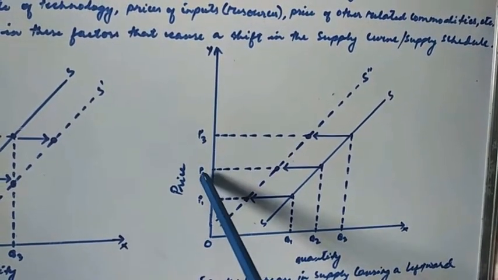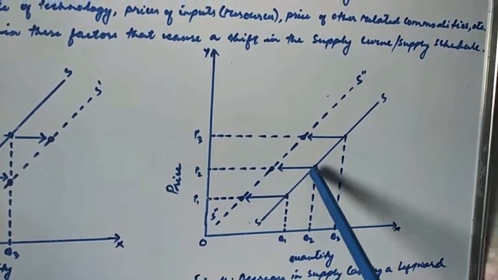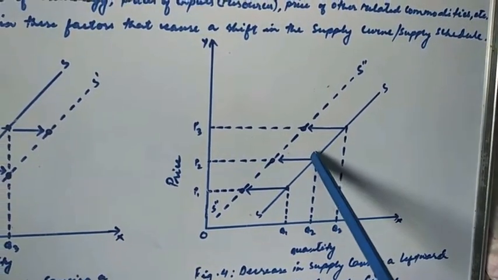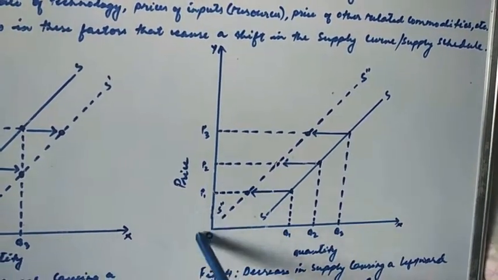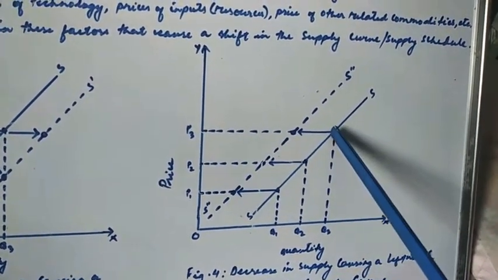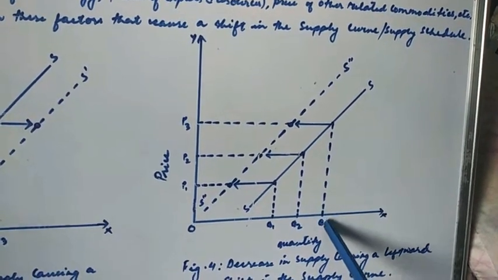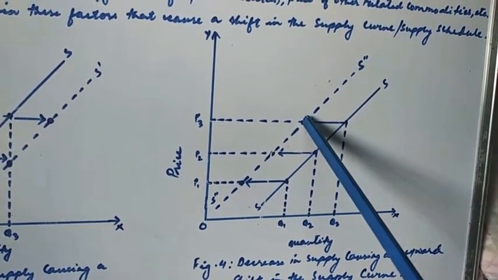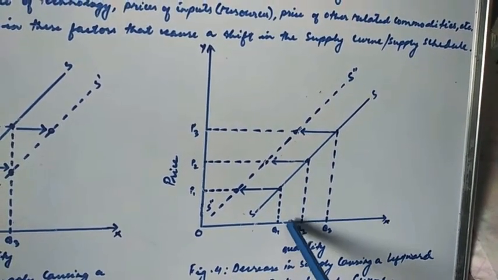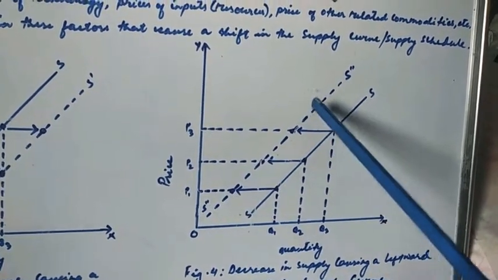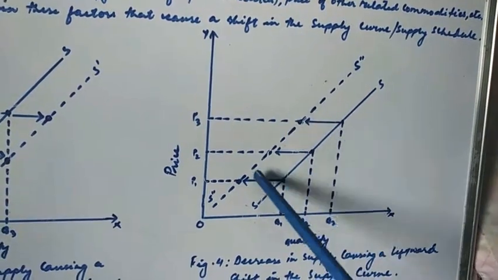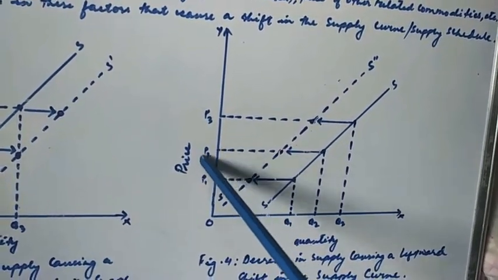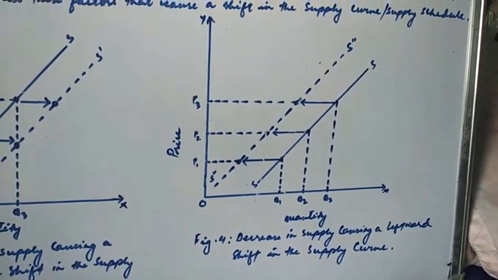And again at price OP2, earlier it was supplying OQ2, and now it has decreased in quantity supply. Again at OP3 price, earlier it was supplying OQ3, but now it has decreased to this much amount of quantity supply. So at S' S', quantity supply is reduced, price remaining the same.